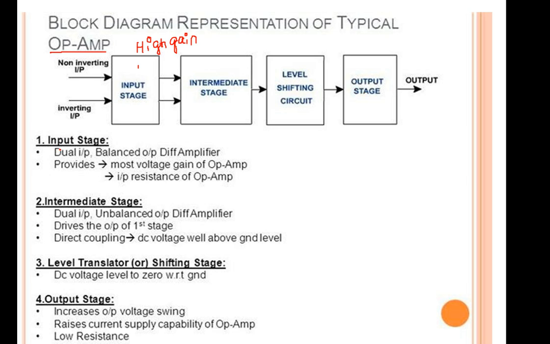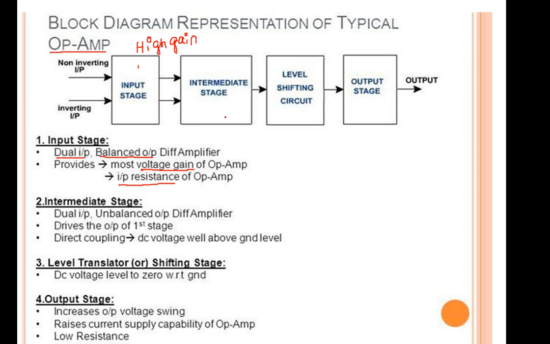At the input stage we use the dual input balanced output differential amplifier, in order to get more voltage gain and to get a high input resistance of the amplifier.